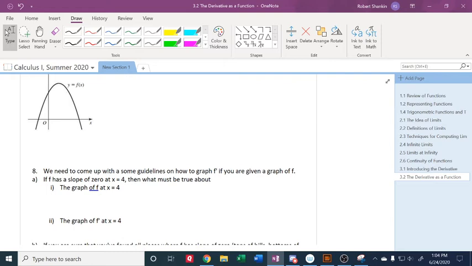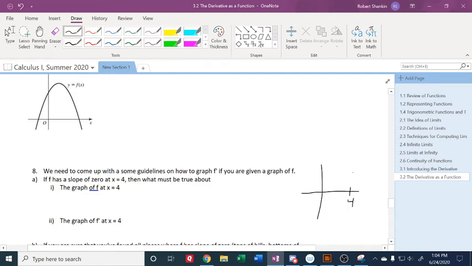All right, let's go to group 2. If the graph of f at x equals 4 has a slope of 0, what I put was that your tangent line at that point would have to run parallel to the x-axis.